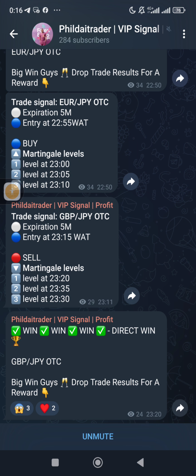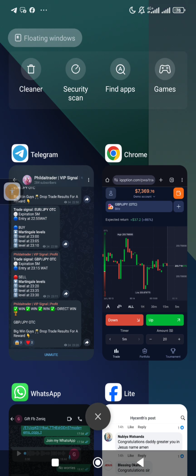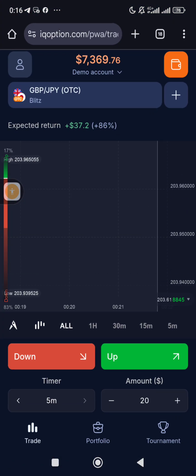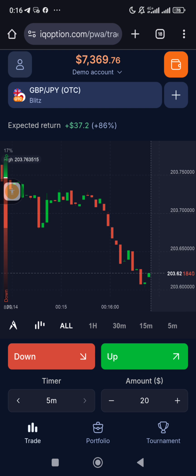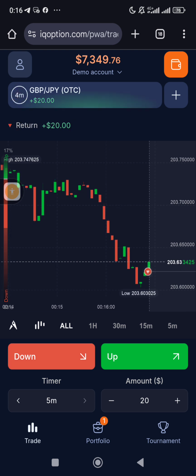So if you went to loss before it gets to 5 minutes, you should have set your Martingale amount. Like you should have doubled the amount. Once it's 23:20, you come back to the trade again and click on sell.